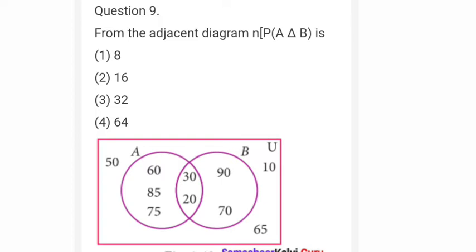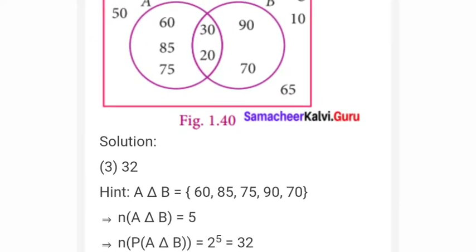Therefore we take the union of A difference B and B difference A. That is 60, 70, 75, 85 and 90. That is A delta B. Now find n of P of A delta B, that means the number of subsets of A delta B. First we find n of A. How many elements? 1, 2, 3, 4, 5.